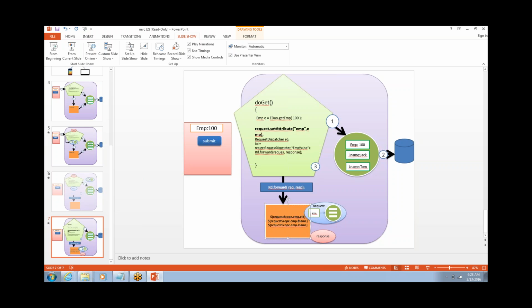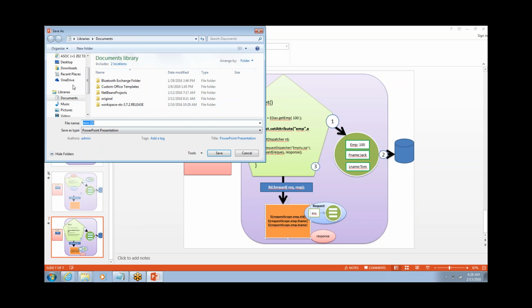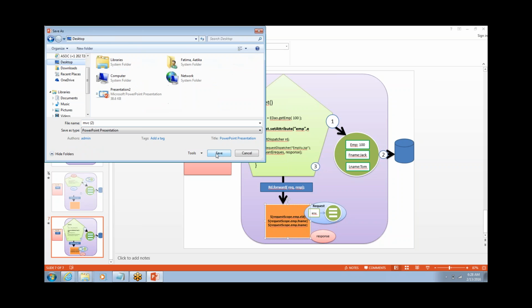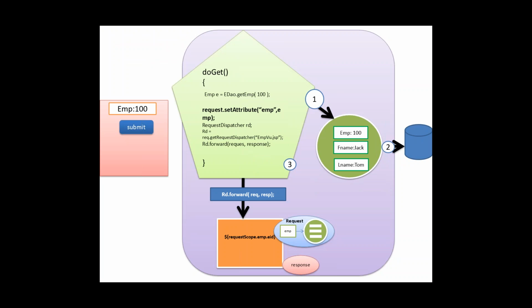Then from here it retrieves employee ID, F name, and the L name from this model. So this architecture is called MVC architecture: Model, View, and Controller architecture.